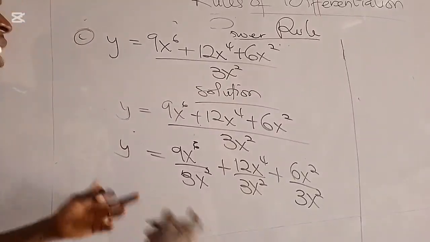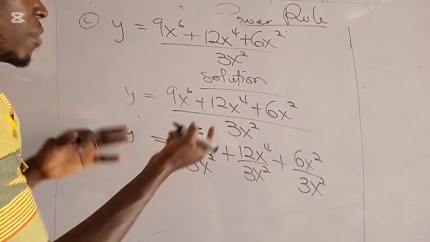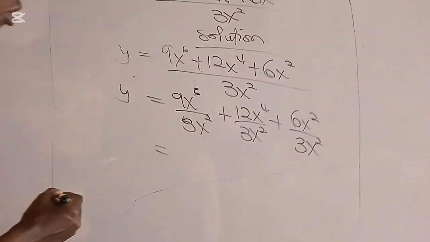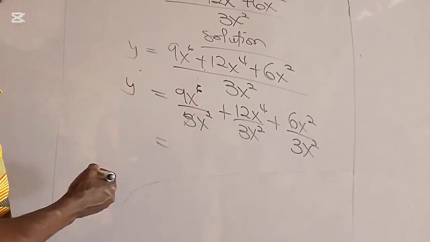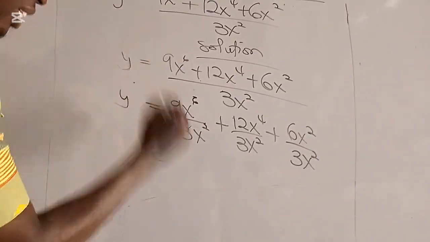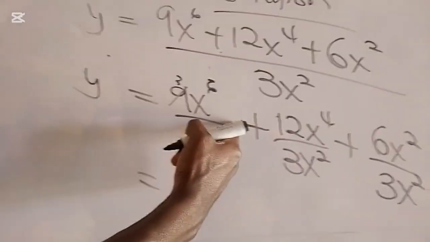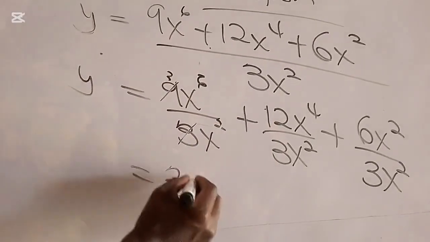Or better still, you can factor 3 out so that it will be easy for you. What will happen is that 3 goes into 9 3 times. So we have 3 here, and the exponent will cancel, so we'll be left with exponent 4.